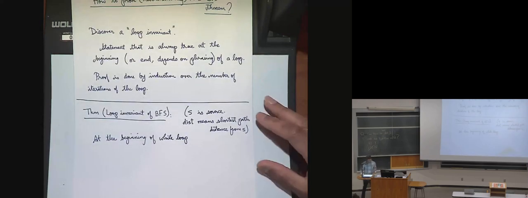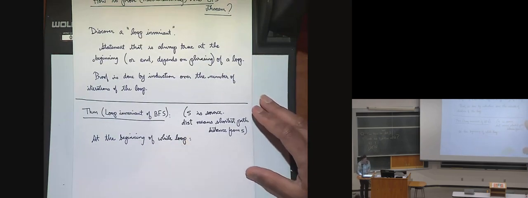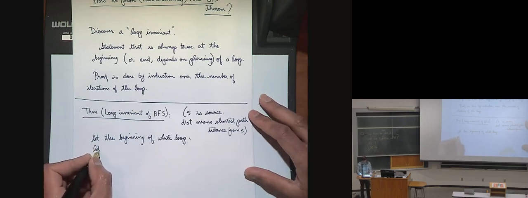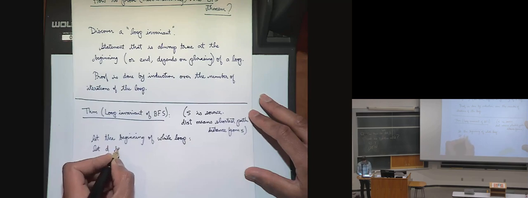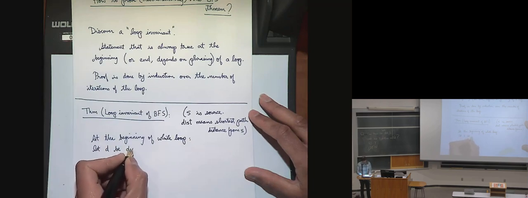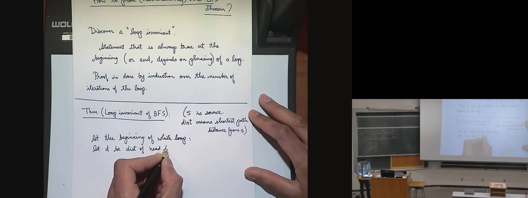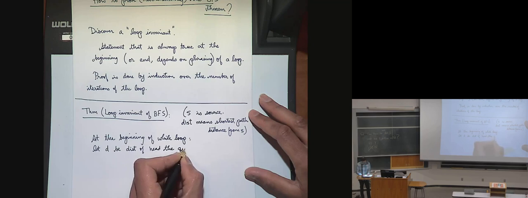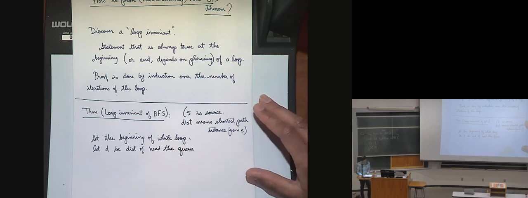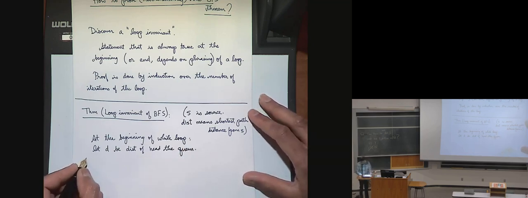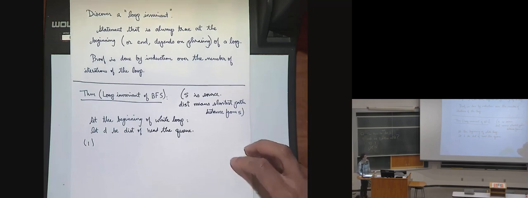The beginning of the while loop. So I'm just going to say let D be the distance of the head of the queue. So these four statements will hold.